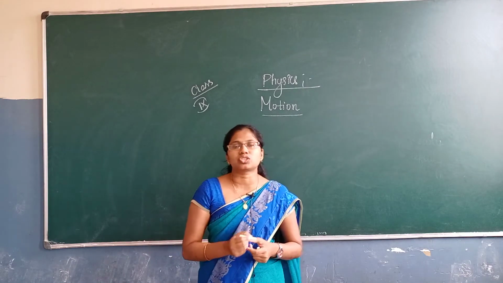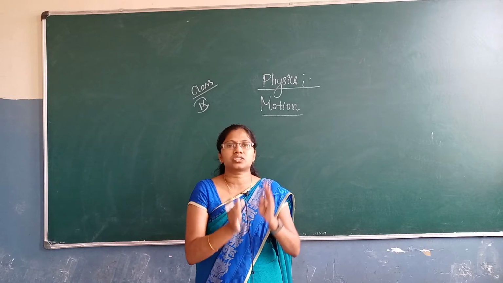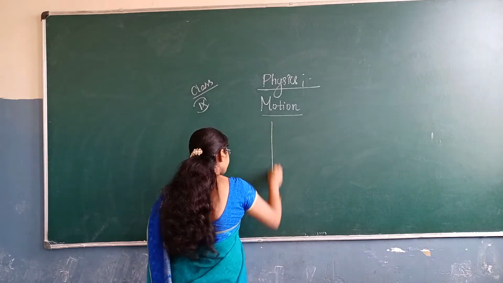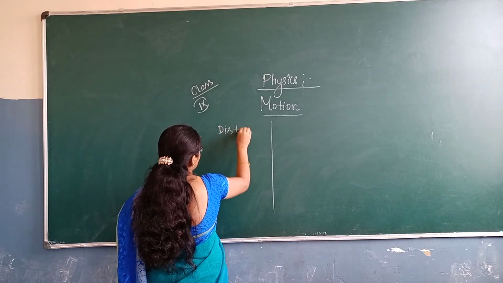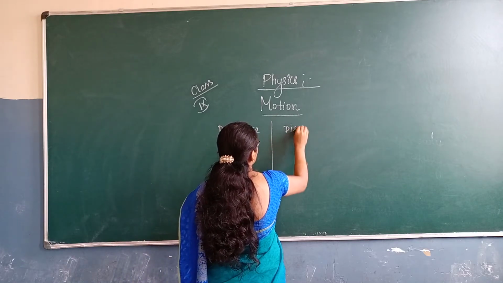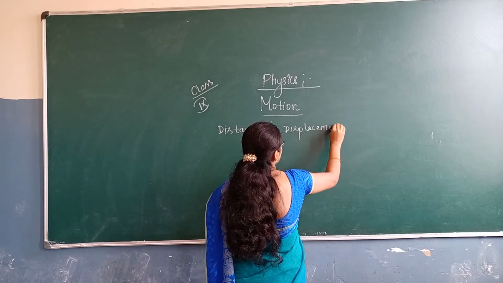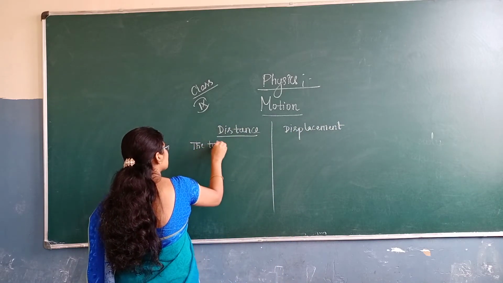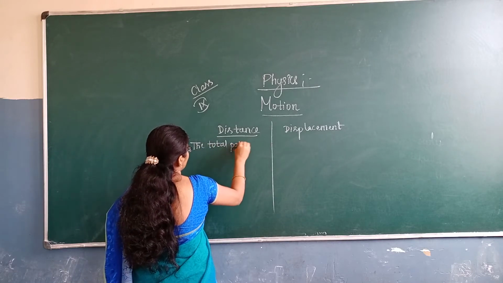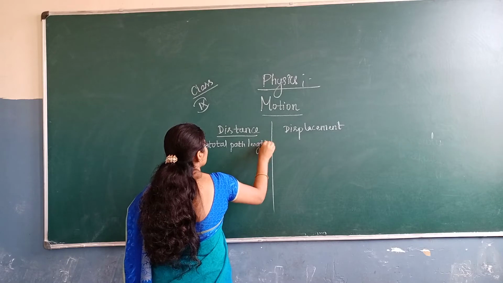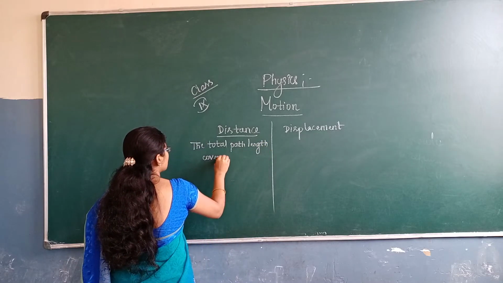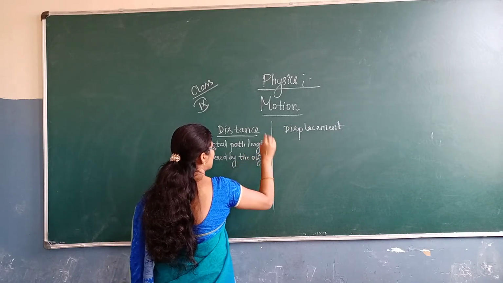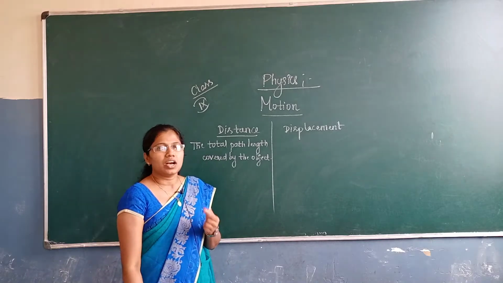Now I am going to list some important points regarding distance traveled as well as displacement. Here, first, this is distance and this is displacement. In distance, we have studied that it is the total path length covered by the object.